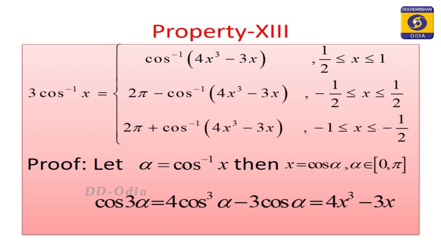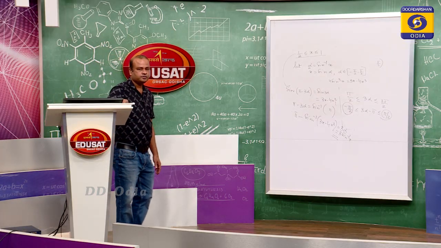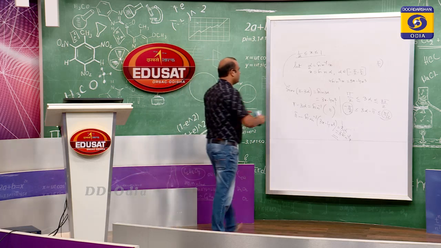So let us take the case where x lies between 1 by 2 and 1, that is 1 by 2 less than or equal to x less than or equal to 1. Similarly the other cases can be proved. So let alpha be equal to cos inverse x.